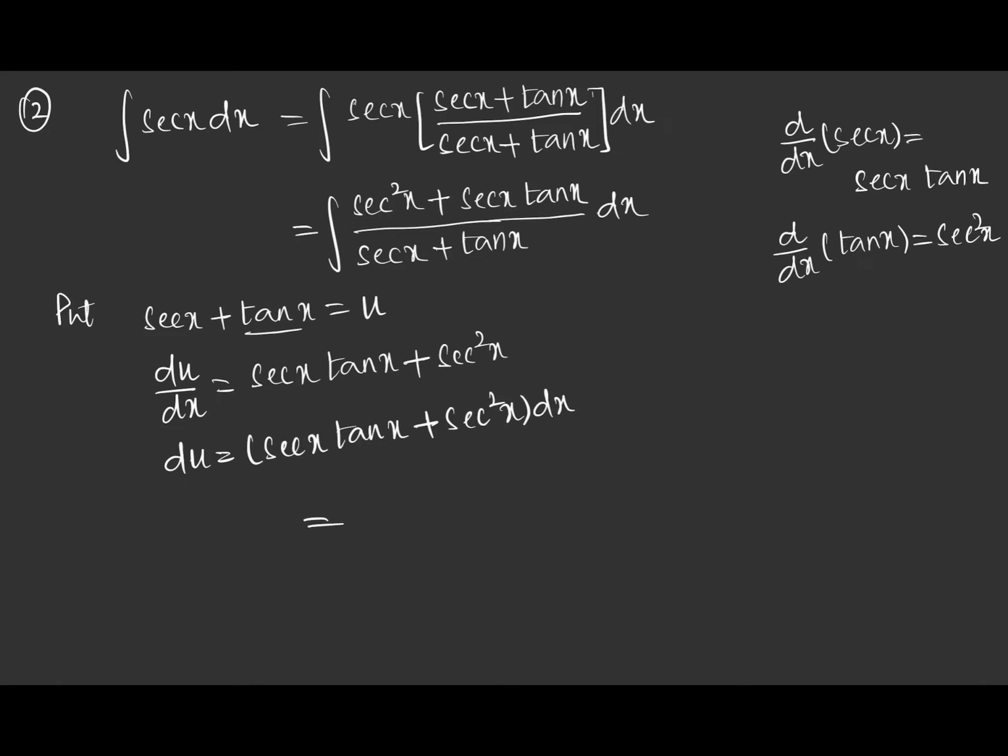So on substituting, secant x plus tan x is u, and secant x tan x plus secant square x dx is just du.